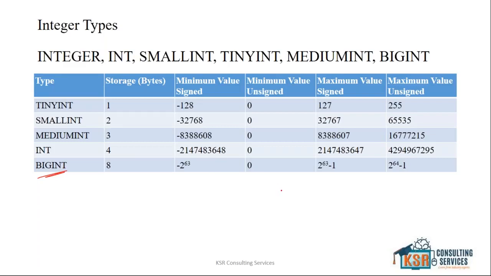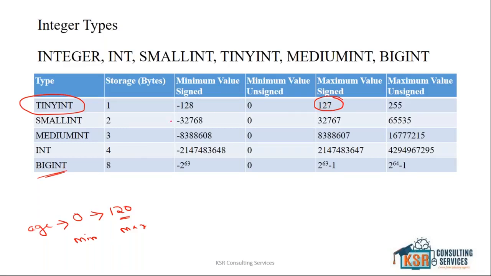Let us say I want to store something called age. What do you think the minimum age you can store? 0. Maximum you will find people with 120 years. After 120 years, do you find anyone? With respect to 120, I can go and use this tiny int, because the maximum itself is 127. I will not find any of them above 127.